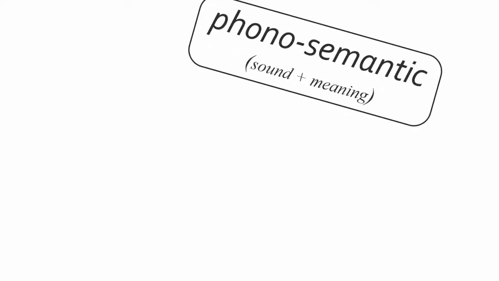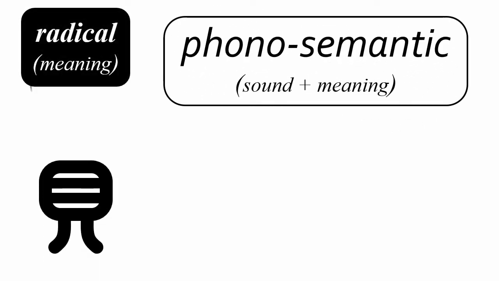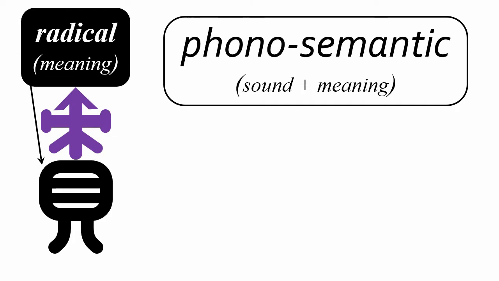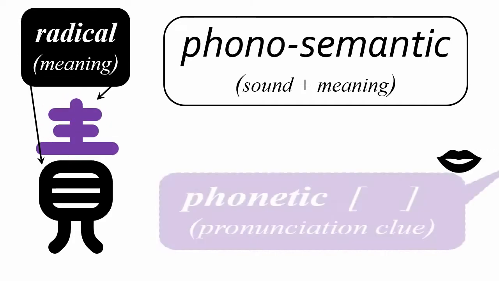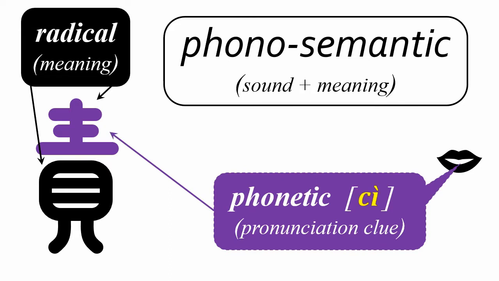It's pronounced second tone, 则, 则. It's also a phonosemantic compound with the thorn. Pronounced 刺.